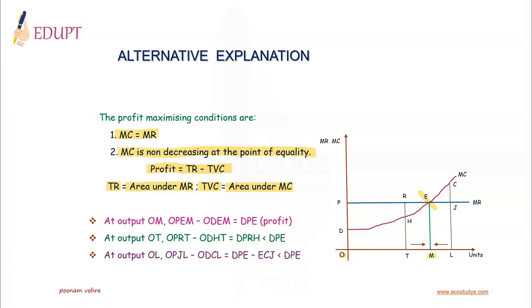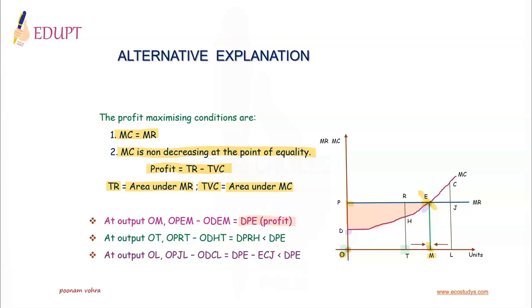So at the OM level of output, the area under marginal revenue is O, P, E and M, and the area under marginal cost is O, D, E and M. So the balance, that is DPE, represents profit.